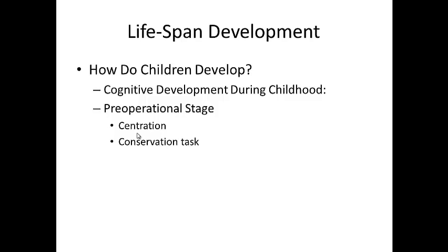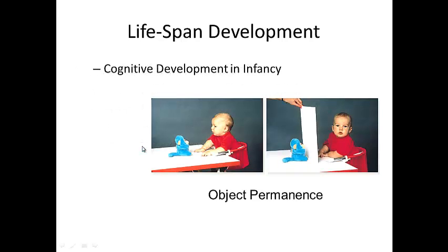So they cannot mentally process 2 or more aspects of a situation at the same time. And that is evident by looking at the conservation task.